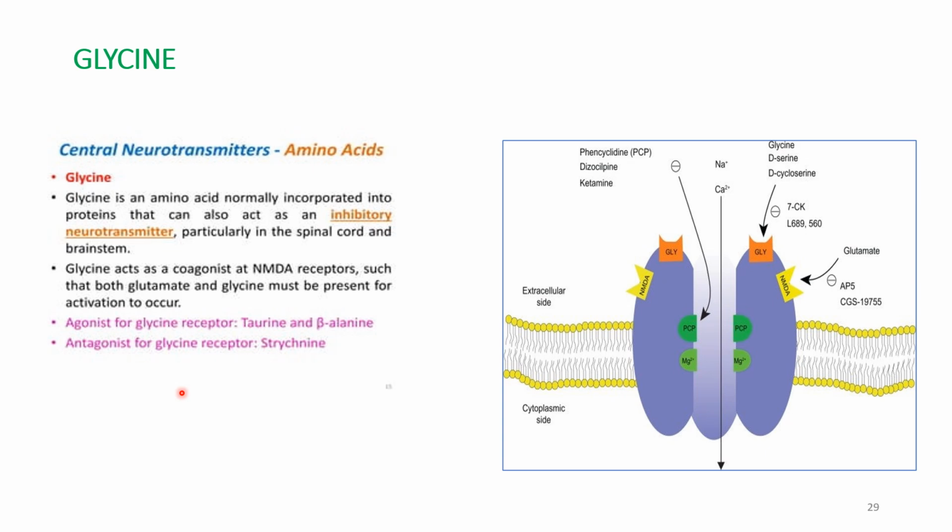So it causes direct inhibition, that is postsynaptic inhibition. How does it act? It increases the chloride conductance in the postsynaptic neuron. And when glycine binds to NMDA receptors, what happens? It makes them more sensitive to glutamate action. Therefore, it mainly facilitates pain transmission by NMDA receptors. So it is both an excitatory and inhibitory neurotransmitter.